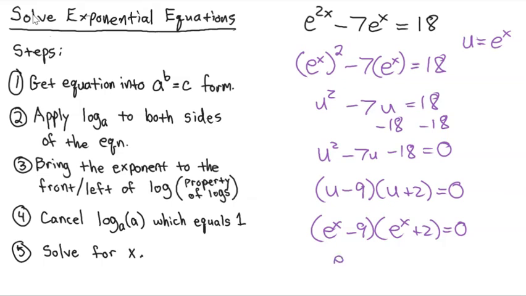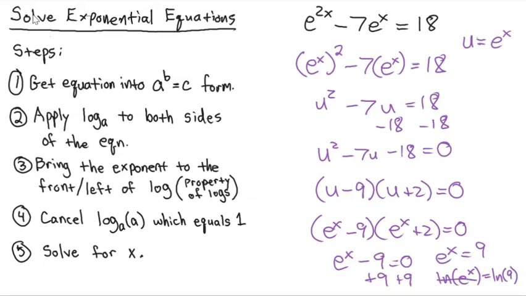So we're just going to now say e to the x power minus 9 is equal to 0. Then we're going to add 9 to both sides, and we get e to the x is equal to 9. And now we can apply the logarithm to both sides. We can now do the natural log of e to the x is equal to the natural log of 9.